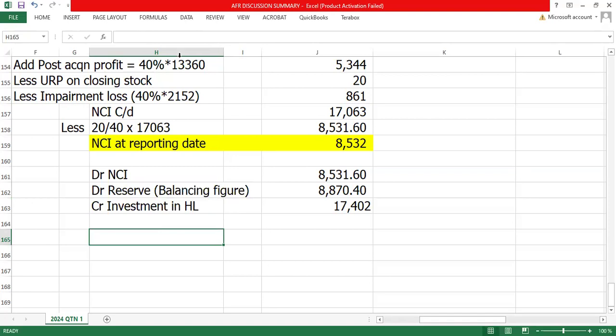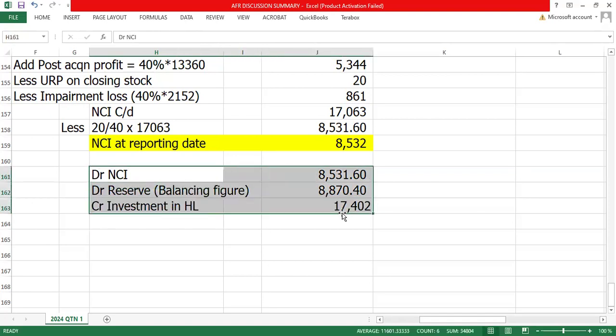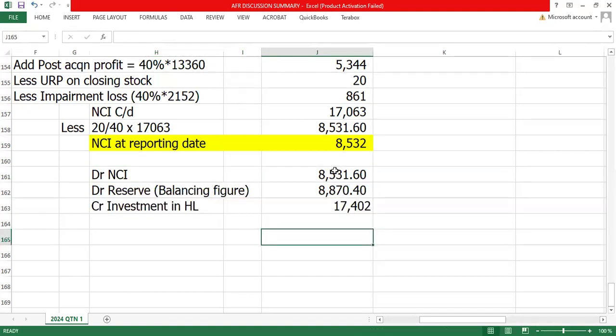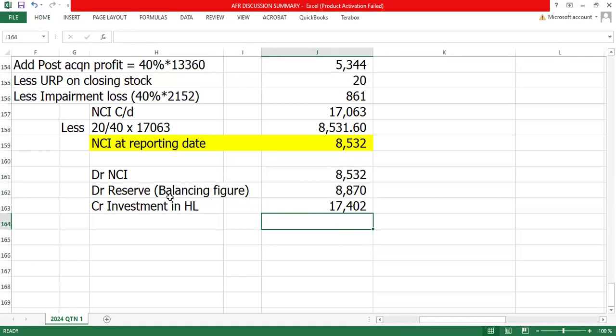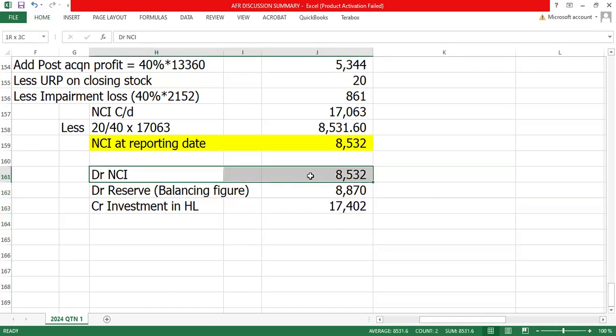Whenever there is an increase in acquisition, whenever you increase your stake, the NCI will reduce. The NCI will reduce by this figure. Are you getting that? This is the reduction in NCI.